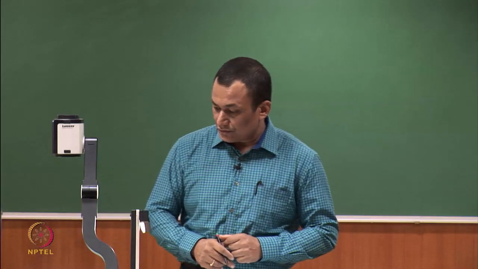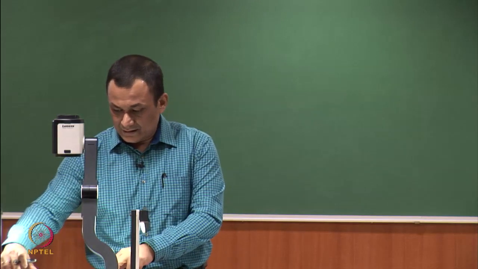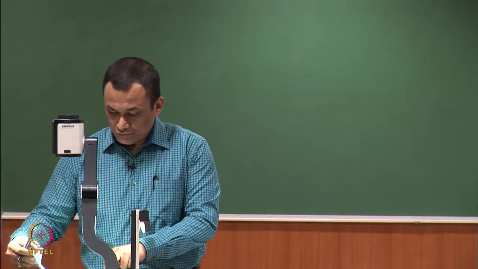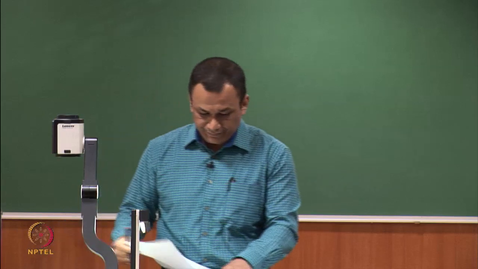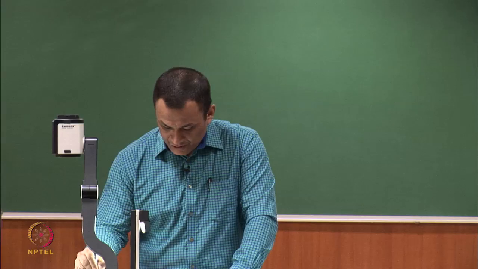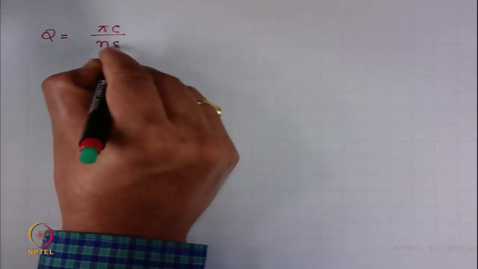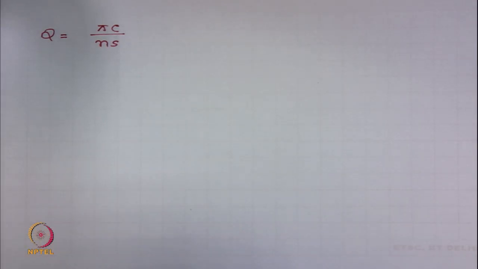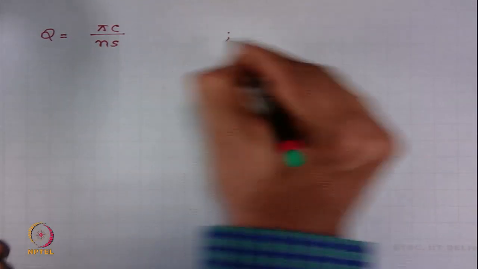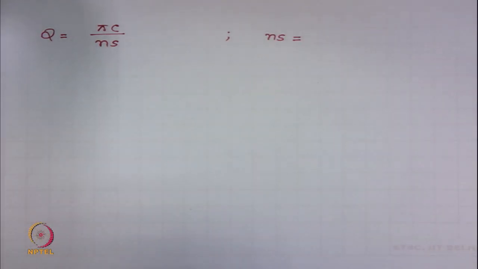If we like to know how to find out Q, then we can do one thing. So, Q is equal to pi times small c by n into s. Now, what is n s? Number of fibers in the cross section of yarn multiplied by cross sectional area of one fiber.